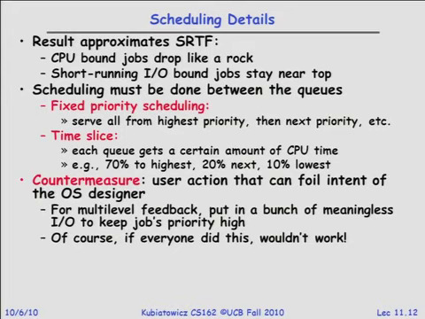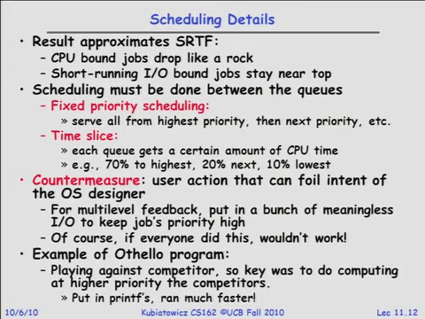There was a pretty clear example: there was an Othello contest once where everything ran on the same machine, and the winning Othello program figured out to put a bunch of printfs in their program, and as a result they got more CPU time and were able to beat their competitors. So some of the issue with schedulers is that if you know enough about them, you can figure out how to game the system, and I mean that literally here.